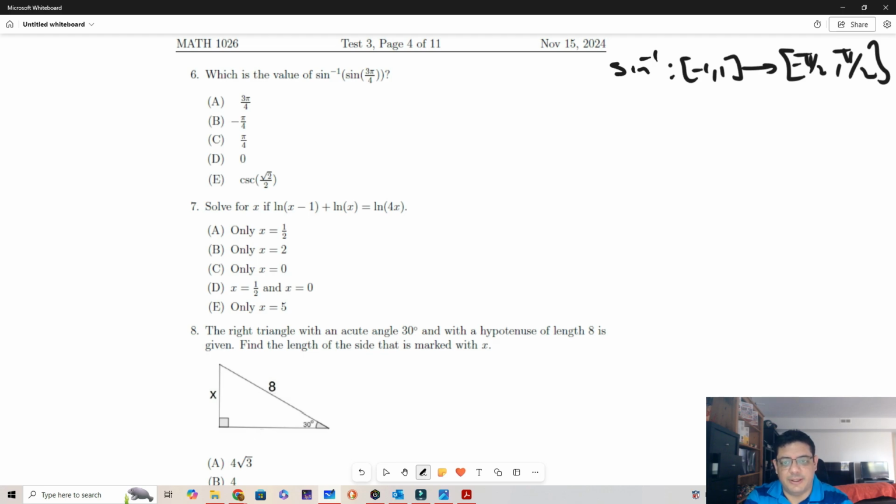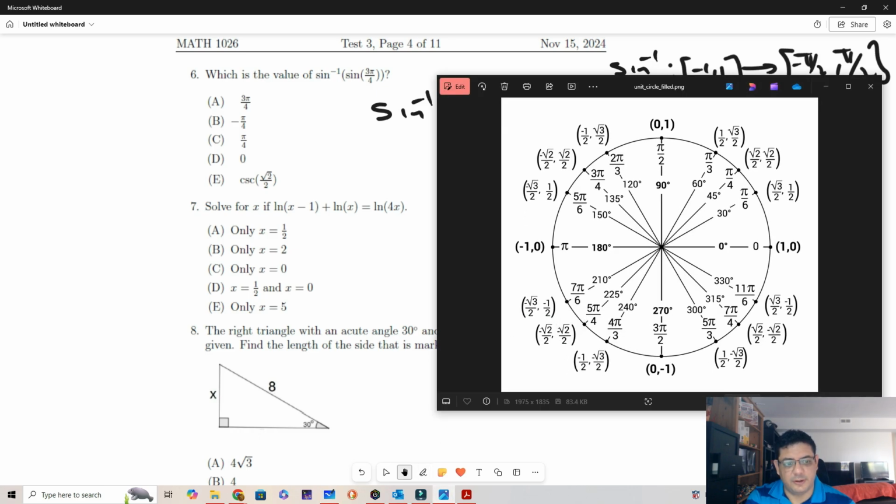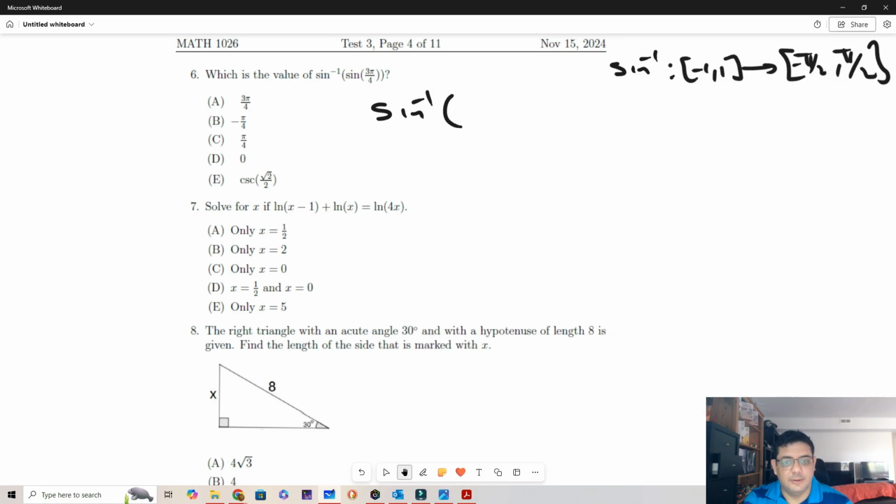To get started, we need to find out what is sine of 3 pi over 4, so we can know what is inside here. We can use our unit circle again, and we check 3 pi over 4. The sine of 3 pi over 4 is the square root of 2 over 2, since that's the y coordinate for the point there.